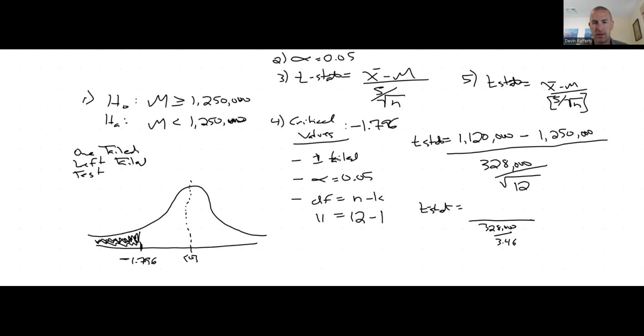Okay. I can keep these brackets here if I want to. I can do the numerator, right? 1.12 minus 1.25, or $1,120,000 minus $1,250,000 is negative $130,000.